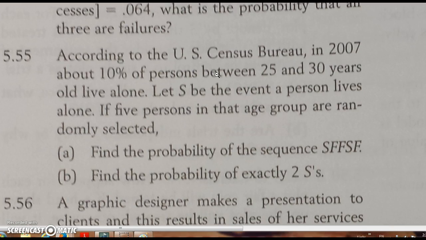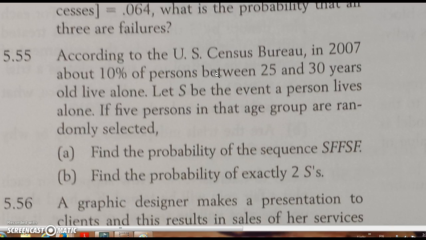If 5 persons in that age group are randomly selected, find the probability of the sequence SFFSF. So S means the event that a person lives alone, which also stands for success.